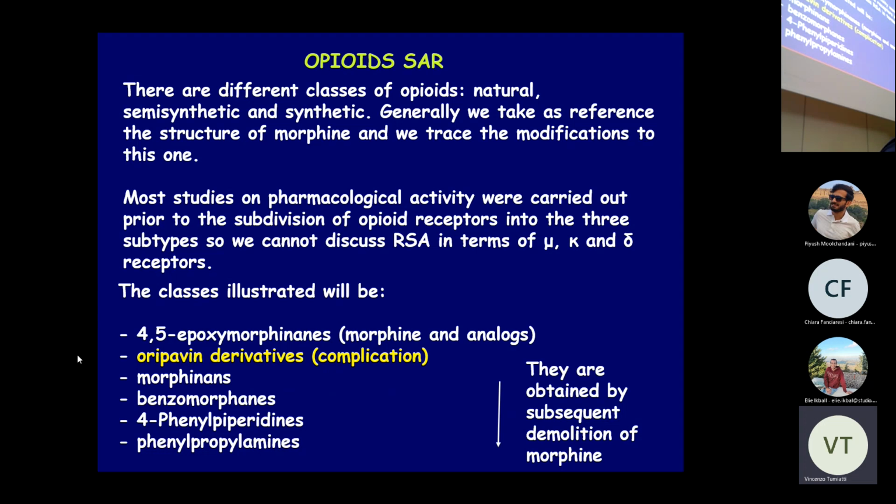And so you'll see we have this yellow class called oripavine derivatives, which is characterized by a more complicated structure than morphine. So we have one class of complication and the other simplification.